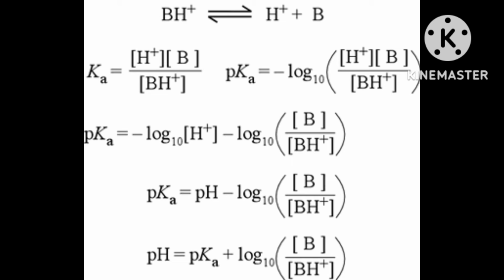The pH of the buffer solution will be 4.76 if acetic acid and sodium acetate are mixed in equal molar concentration.